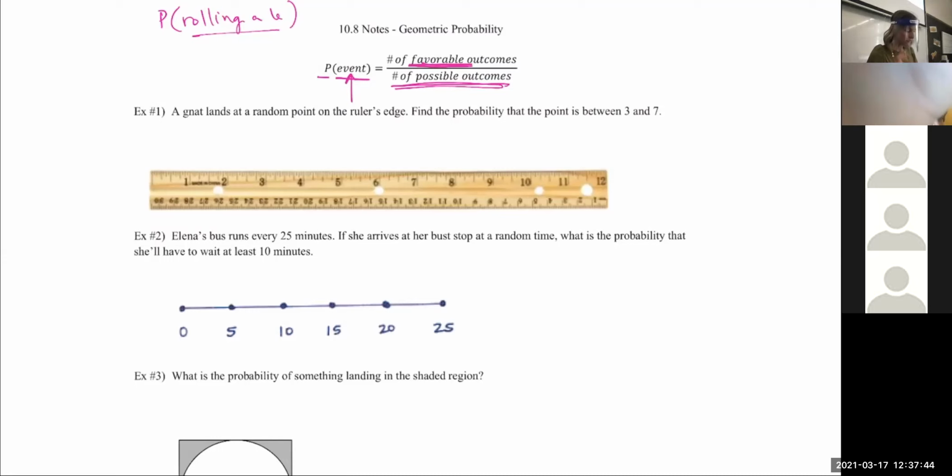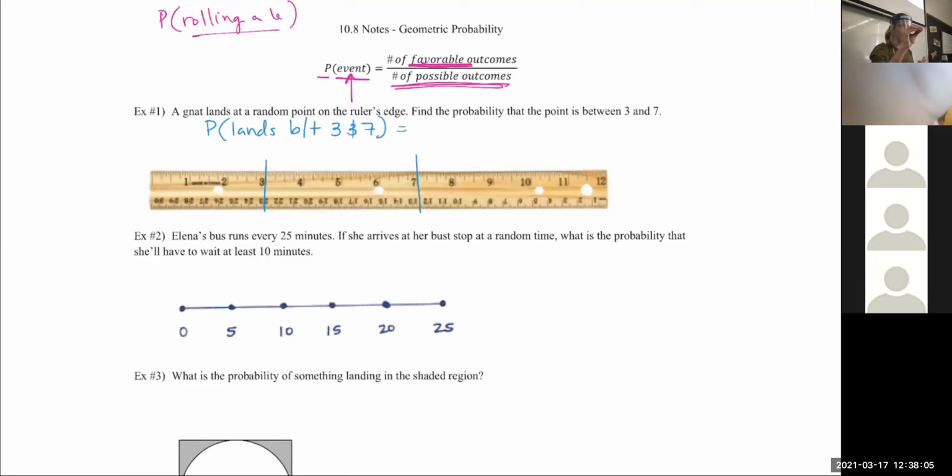Okay. So our favorable right now is between 3 and 7. Okay. So we're saying, what's the probability that this gnat lands between 3 and 7.